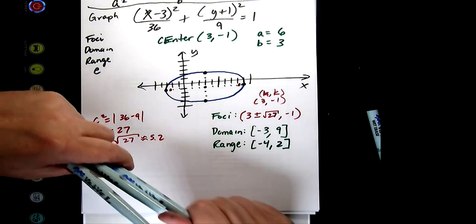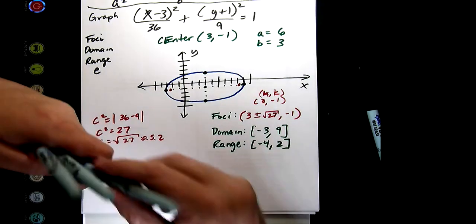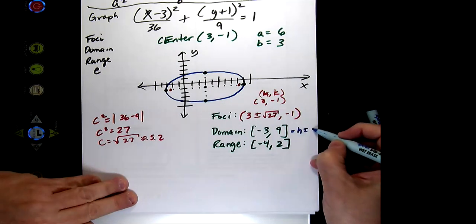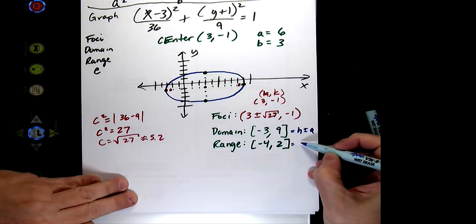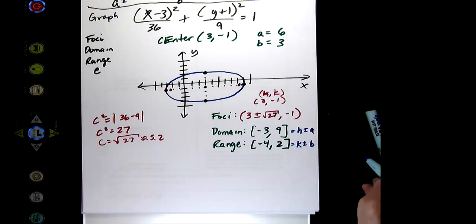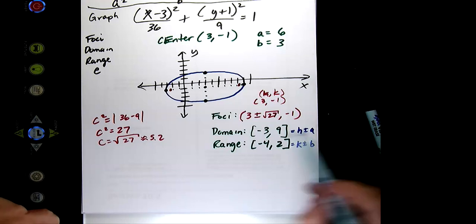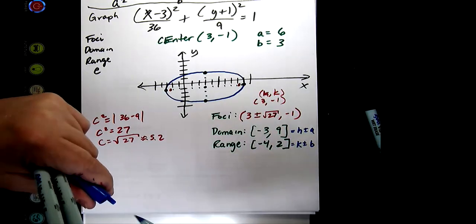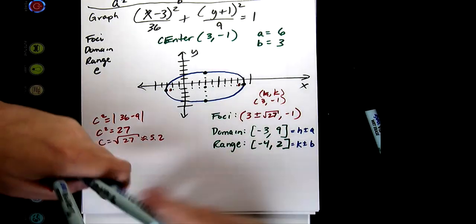The quick way of finding the domain is h plus or minus a, and the range is k plus or minus b. And that's how you get those values. I don't think that's worth memorizing. I think you need to look at the picture and ask, where is it at? But it does help if you can see that. What's the eccentricity?